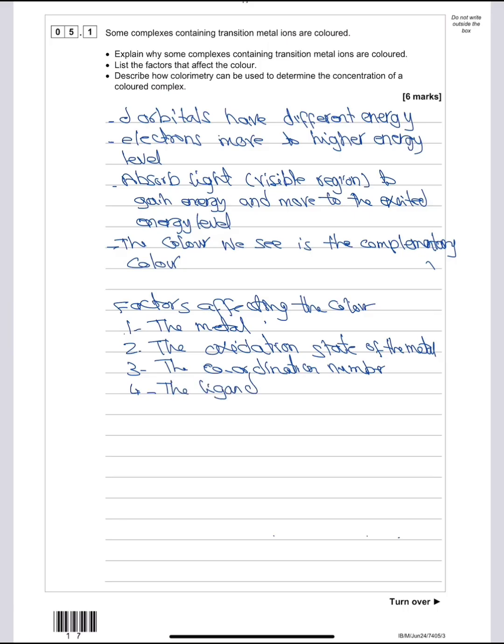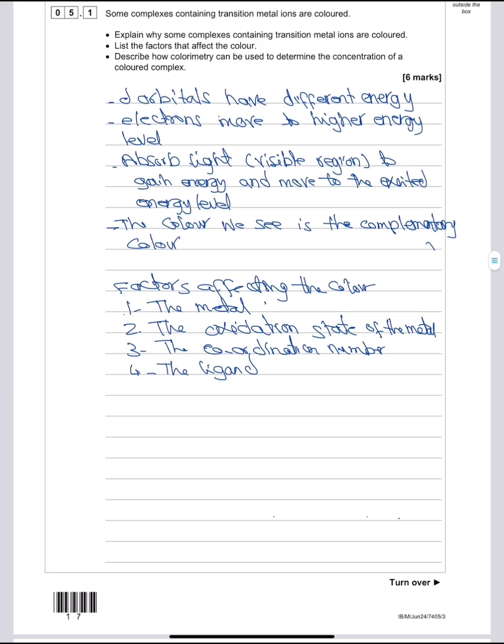So: the metal, the oxidation state, the coordination number, and finally the ligand.